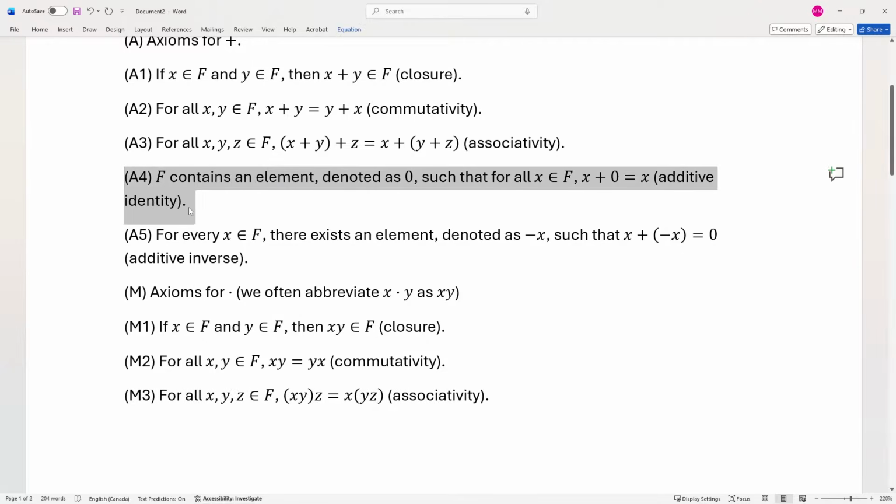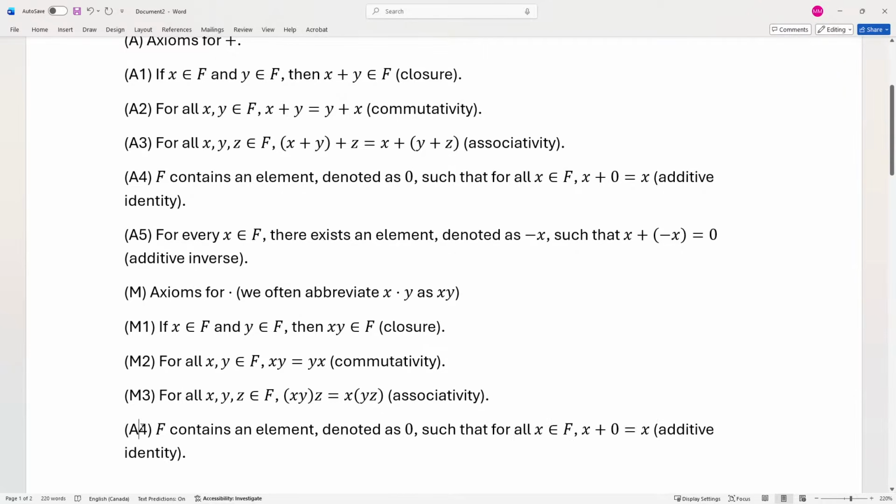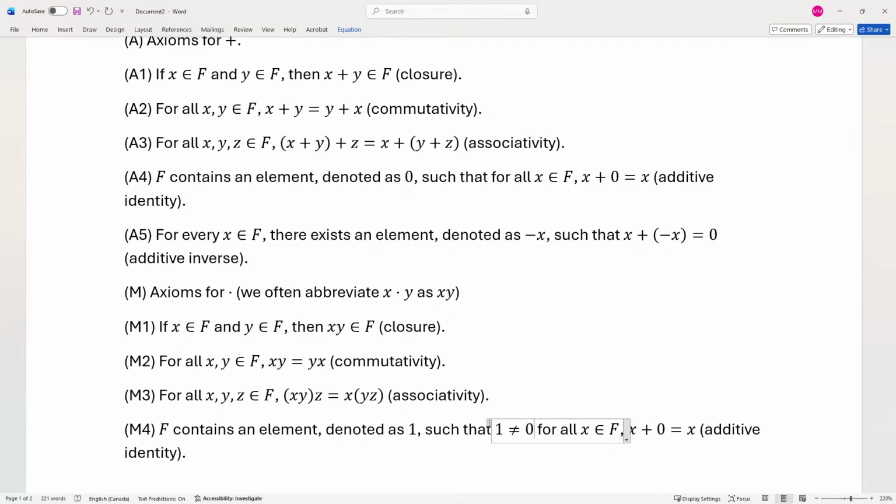Okay, so A4 needs to be modified to the existence of the multiplicative identity. So what is a multiplicative identity? Well, that's just 1. If anything gets multiplied by 1, it becomes itself. And so basically that's the definition of 1. F contains an element denoted as 1, such that 1 is not equal to 0. This is an abstract definition, so there's no a priori reason that these two should be distinct objects.